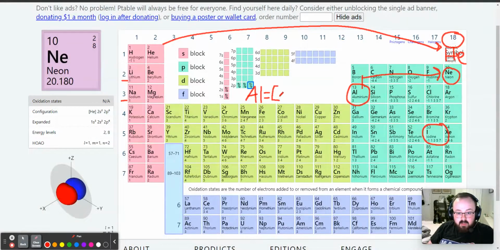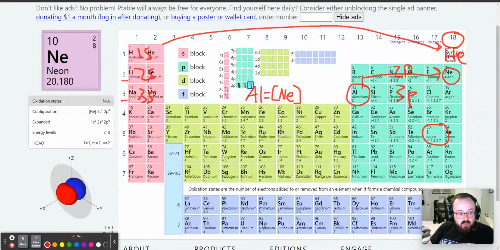You take brackets and you write that noble gas inside of it. What you've done is cut out all the junk. You've cut out the 1s, you've cut out the 2s, you cut out the 2p. And all you are left with is here is our 3s, and here is our 3p.